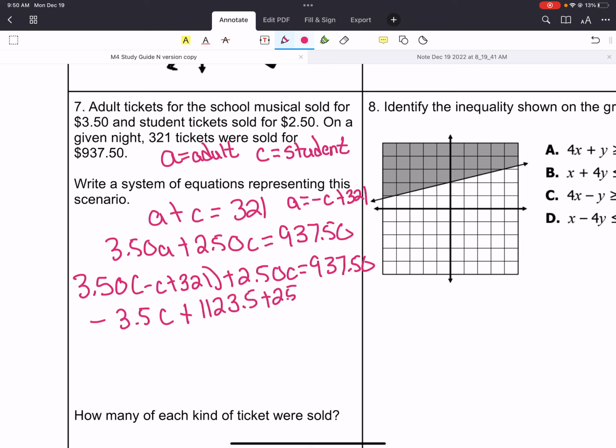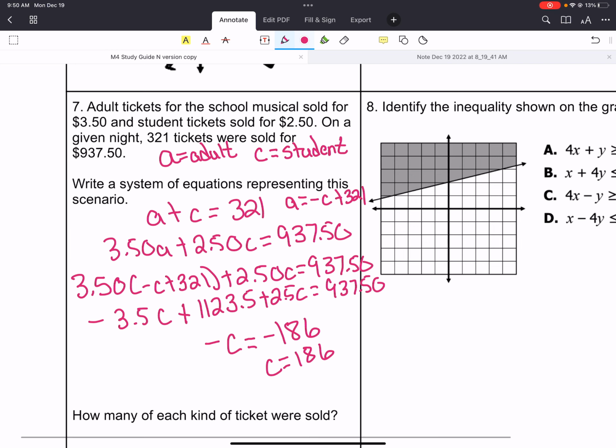Plus 2.50c is equal to 937.50. So let's see, that's going to be negative c equals, we'll subtract the 1123.5. Of course, you can use a calculator if you need to. Negative 186. Divide both sides by negative 1, so c equals 186.